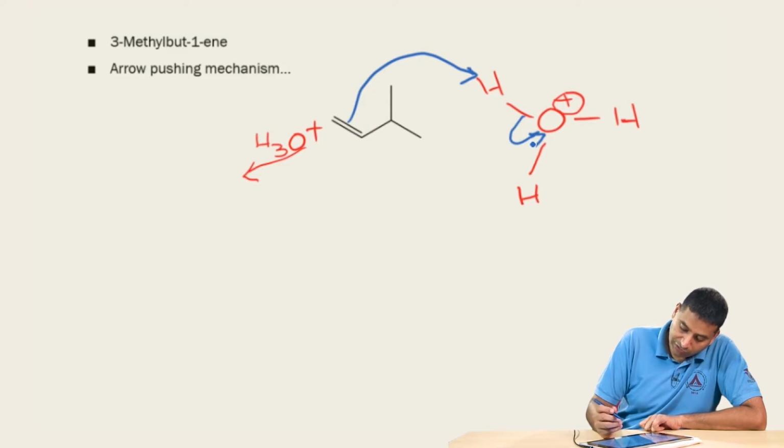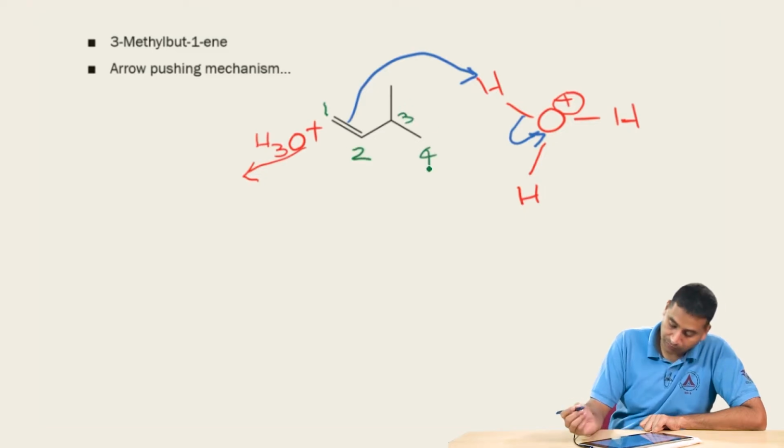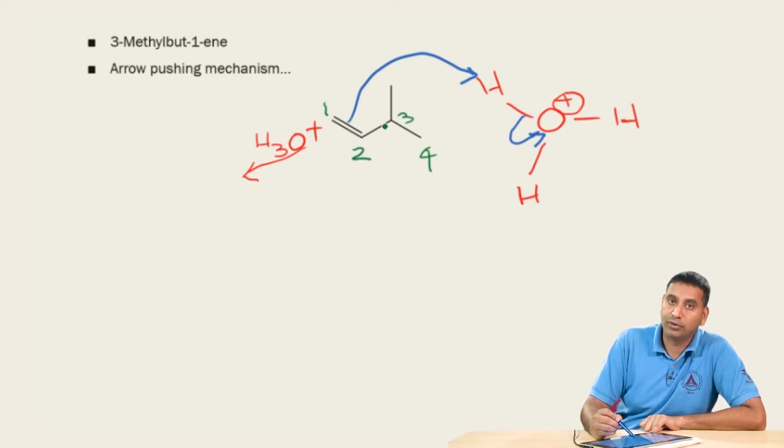Before we go further, let us number the carbons in this molecule, which I will do in a different color. This is carbon number 1, this is carbon number 2, this is carbon number 3, and this is carbon number 4. On the 3 position you have a methyl group. Therefore, it becomes 3-methyl 1-butene.